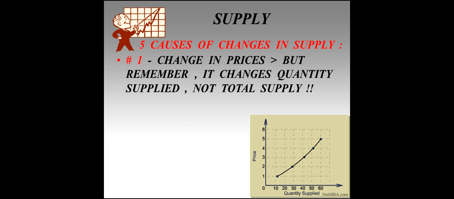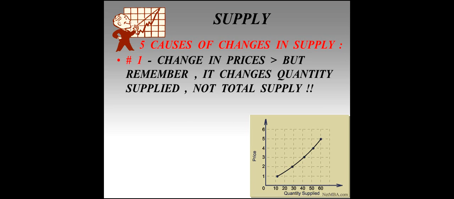Now, obviously, if some conditions change, for example, if resources change, where all of a sudden there were more resources available to produce oranges, the same thing that we looked at with a demand curve shifting on the chart is going to get applied here to supply, and we're going to shift the curve either to the right or the left on the chart.